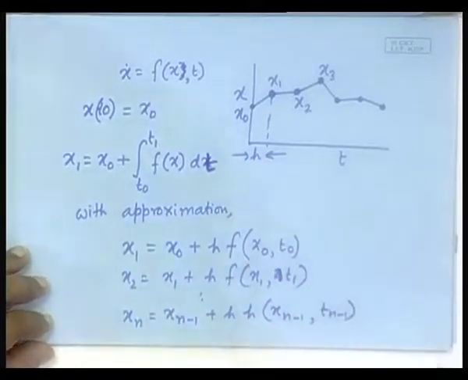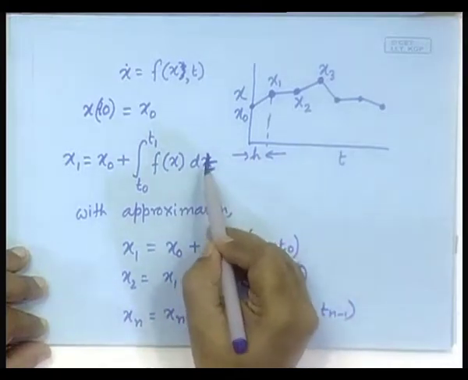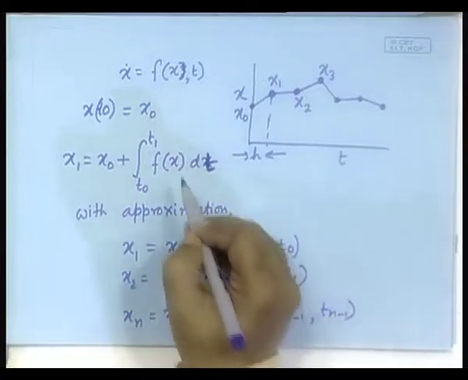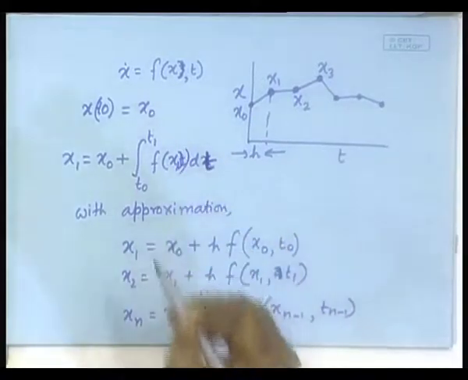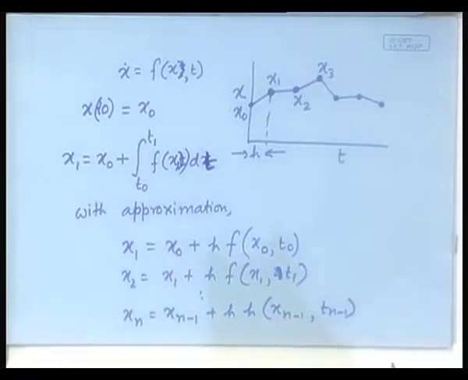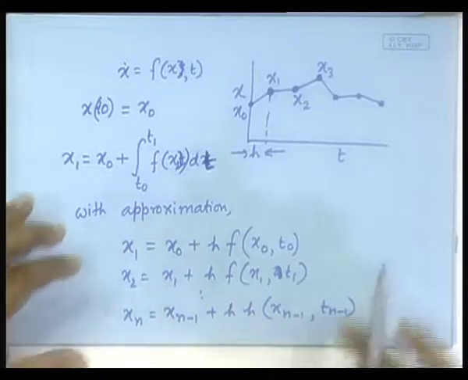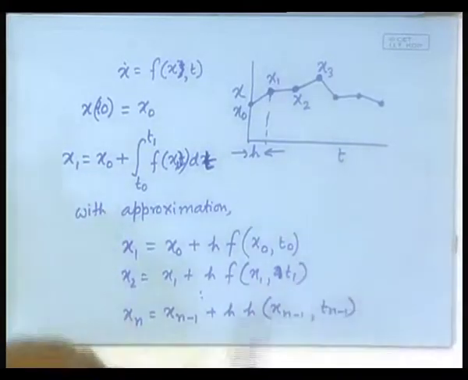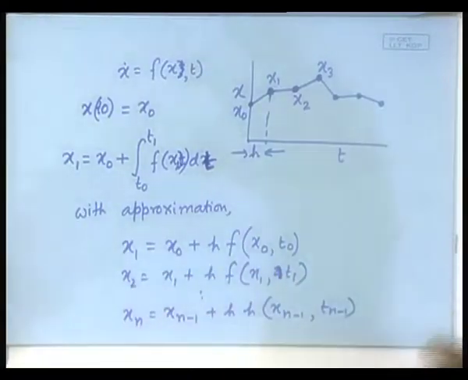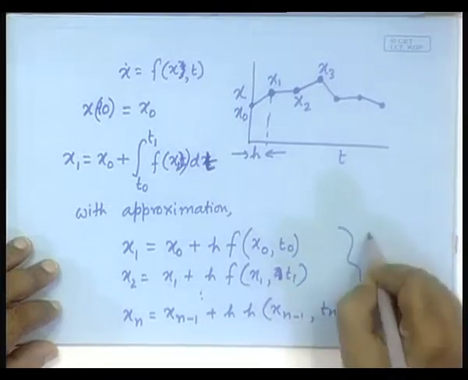Yes, you are right. Sorry, this will be t, obviously not differential. x of t is dependent on t, and then you integrate over t. Okay, so this is how you calculate the different steps, and this method with the first approximation is called the Euler method.